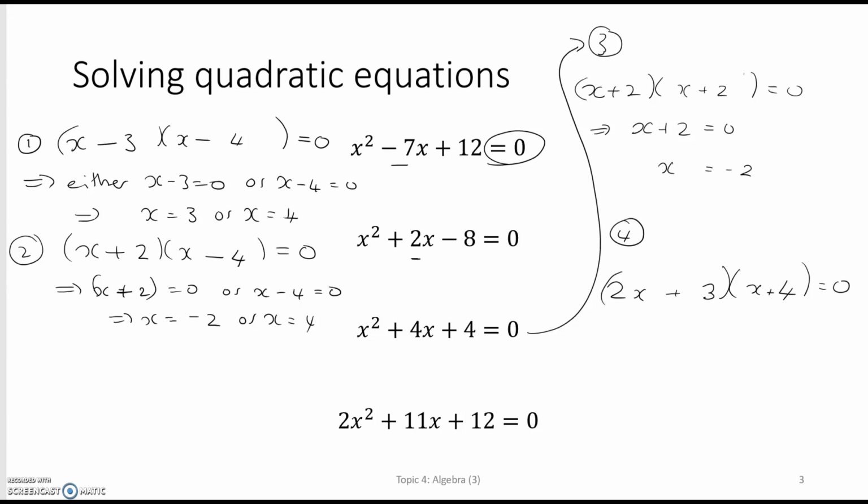So we've got 2 4s are 8 plus 3. So that's how it works. So therefore either 2x plus 3 equals 0 or x plus 4 equals 0. So 2x equals -3, x equals -3 over 2, or x equals -4.